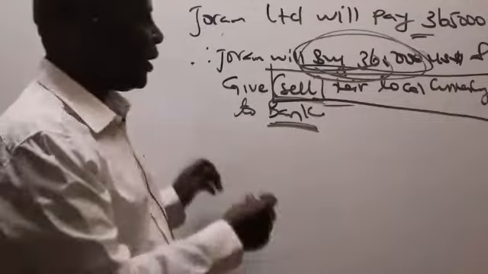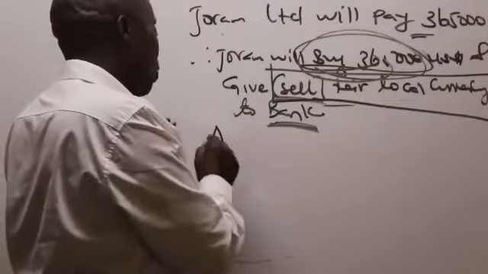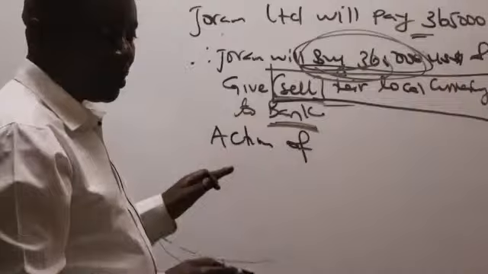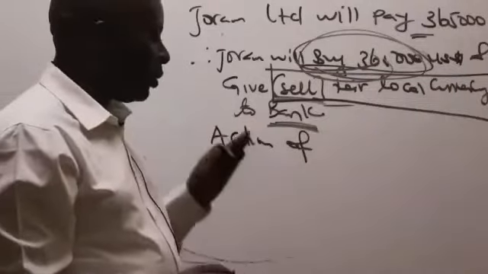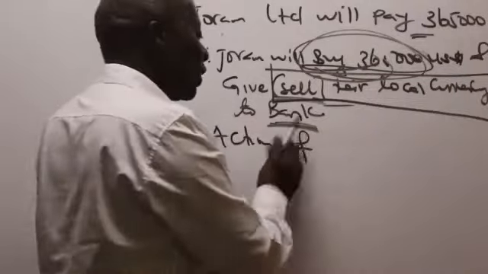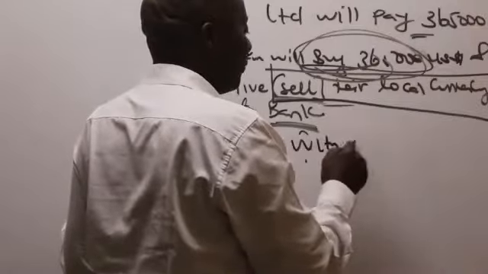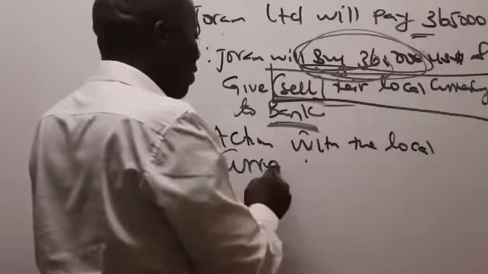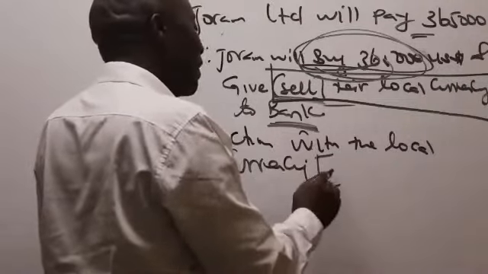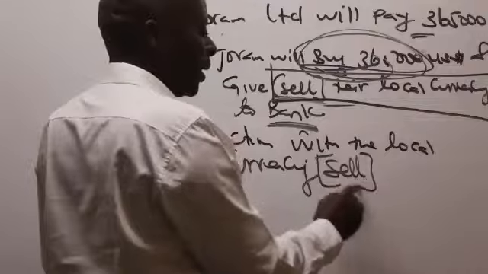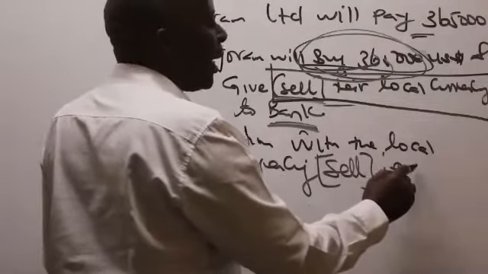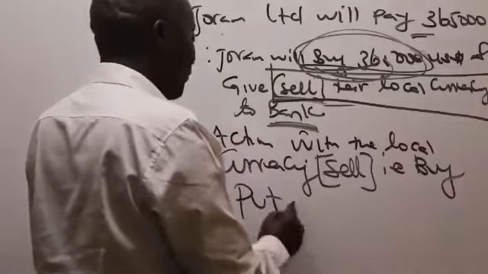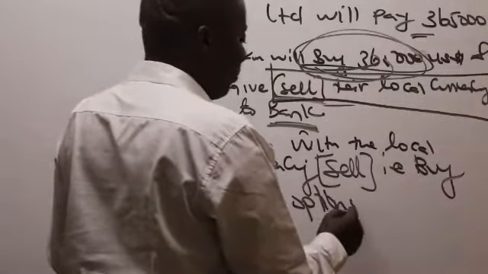And the selling, so in this case here, action of the local, let me repeat this because I would want everybody really to be a winner. So the action with the local currency is that we are selling it, i.e. buy put options. Buy put options.